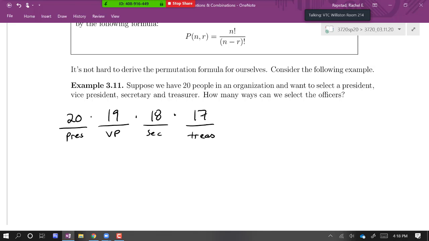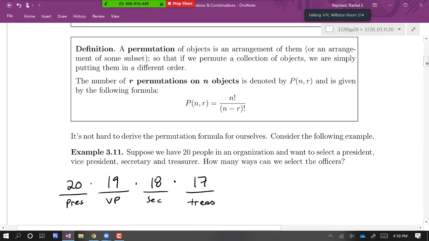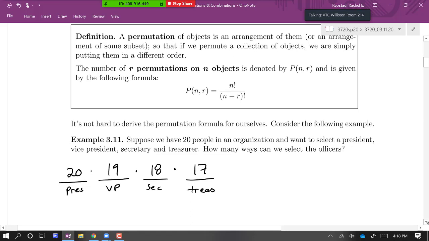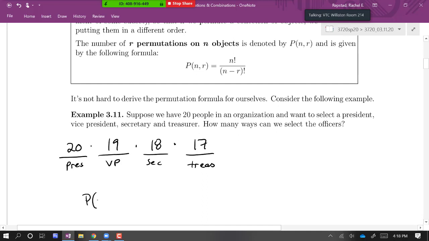Now, what this definition tells us is that if I want to find a permutation of r objects, or r permutations on n objects, what I'm doing here is finding a permutation of 4 objects chosen from 20 people. And we would compute P(20, 4).